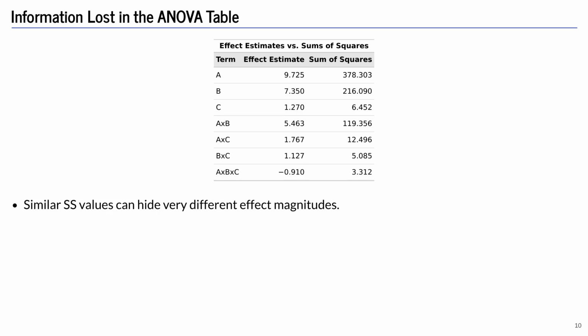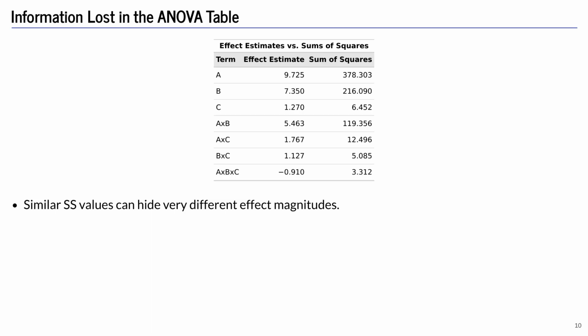Catalyst has an effect of 7.35 and a sum of squares of 216. Now look at mixing time and the BC interaction. Their effects are 1.27 and 1.13, close in magnitude, and their sums of squares are 6.45 and 5.08, also close. So far, the 2 columns tell a similar story.